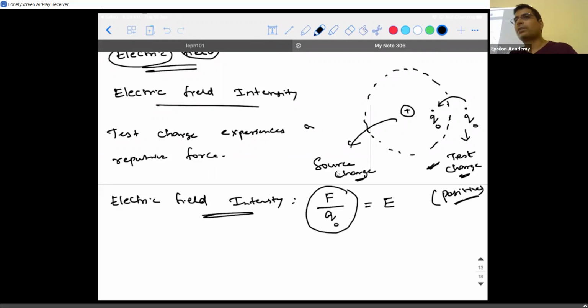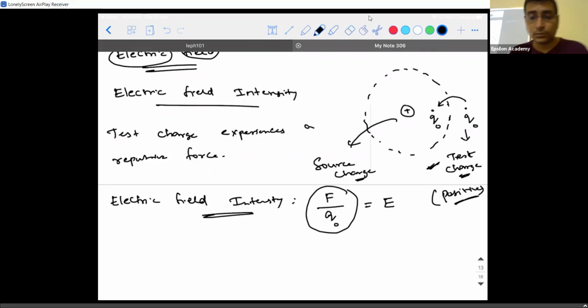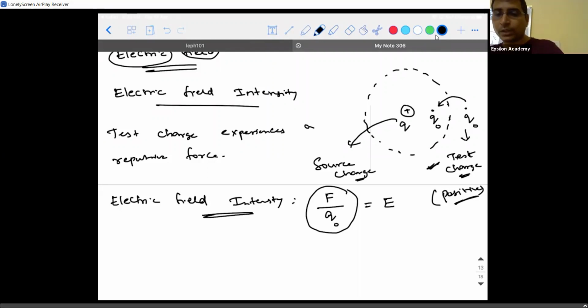How do you define the electric field? Can you repeat the first point? Which point? Magnitude. What I'm trying to say is, listen, there is a source charge Q here, there is a test charge Q naught, and there is some distance of separation between them.